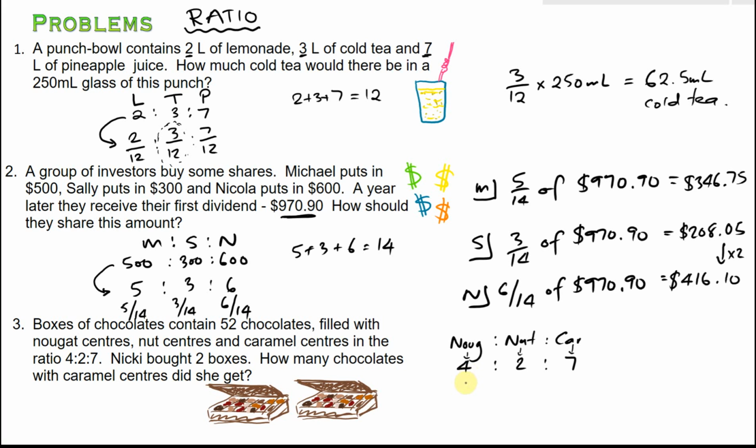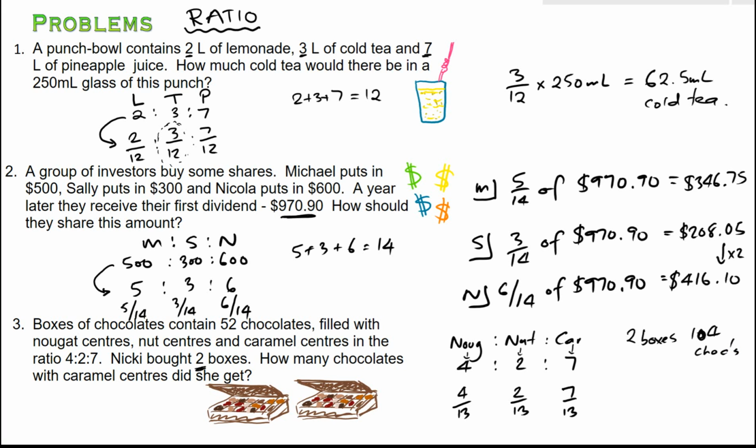So our fractions will end up being 4 plus 2 plus 7 is 13. So nougat, there would be 4/13, nut 2/13, and caramel 7/13. There are 2 boxes of chocolates and each box has 52. So for 2 boxes, in total there are 104 chocolates.